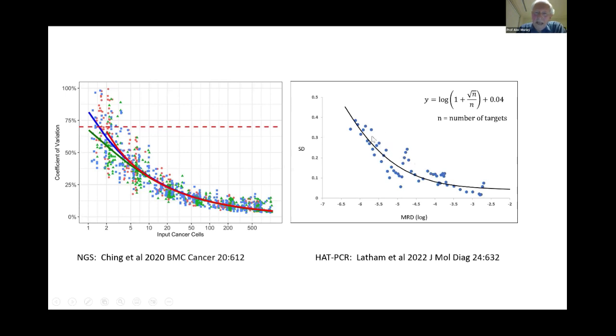As the number of targets decreases, the variation becomes substantially greater than the variation due to the assay itself. So if the assay result is in the Poisson area, if there are fewer than about 50 to 100 targets, the Poisson error is the greater component of the total error of the assay.